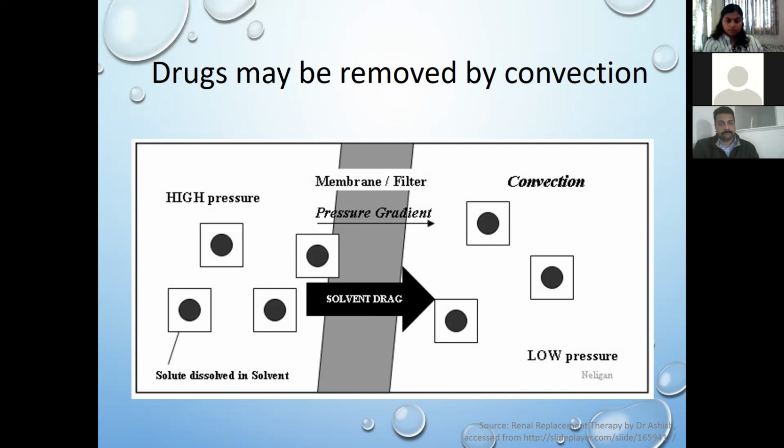And solutes that can pass easily through the membrane pores, so they're small enough, are swept along with the water, and that's a process called solvent drag. The removal of solute by solvent drag and convection is important for middle-sized and large molecular weight drugs, or molecules which are greater than your 1,000 Daltons. So it's like the wind sweeping along leaves and dust as it blows through.